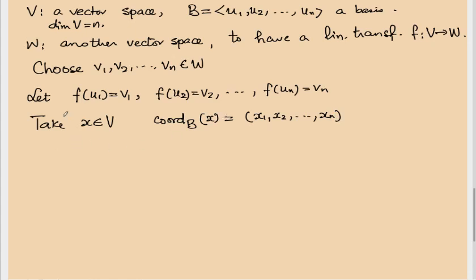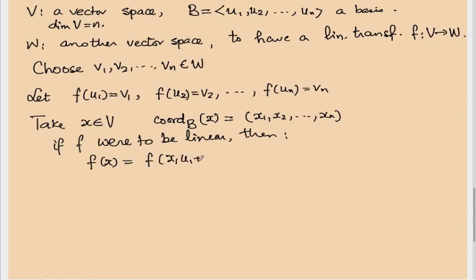Now, if f were linear, then I have to have f of x as f of x1 u1 plus f of x2 u2 and so on. But here is where I am using the linearity.